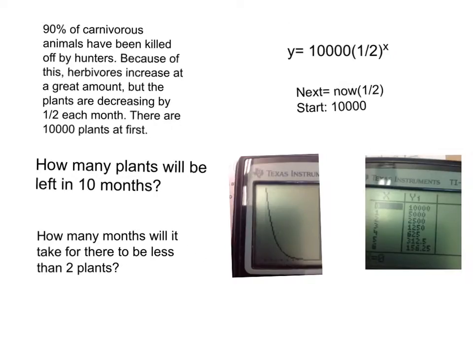Here's the fourth problem. 90% of carnivorous animals have been killed off by hunters. Because of this, herbivores increase by a great amount, but the plants are decreasing by half each month. There are 10,000 plants at first.